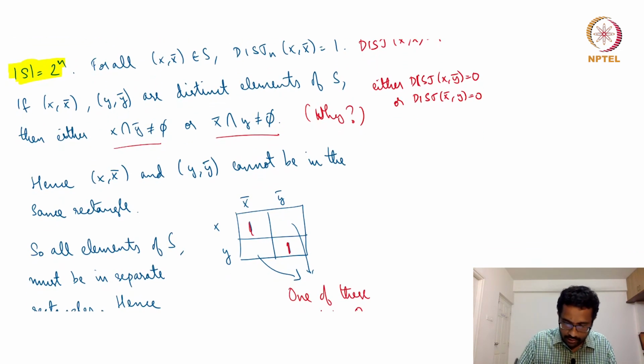So this particular claim, just try to think of it. If X complement and Y complement are distinct elements of X, why must it be the case that X and Y complement intersect, or X complement and Y intersect? Think about this.